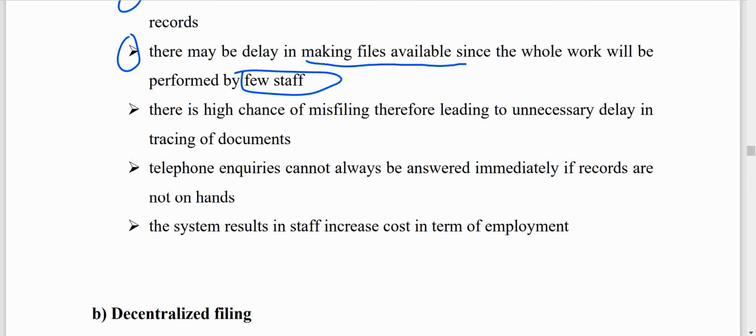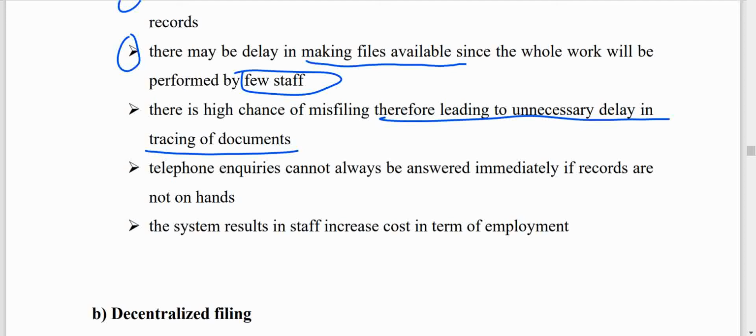Another thing is that there is a high chance of misfiling, therefore leading to unnecessary delays in tracing of documents. We can talk about having few staff, say two people, trying to trace a record from millions of files.